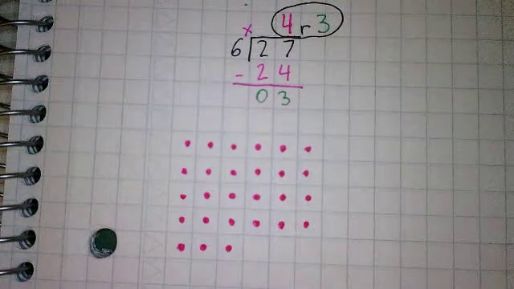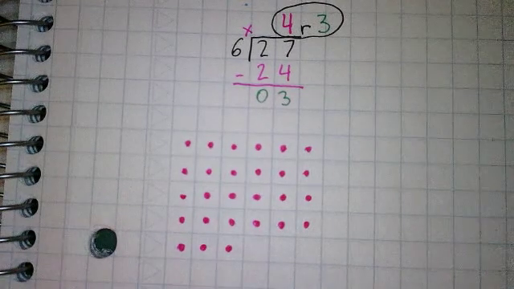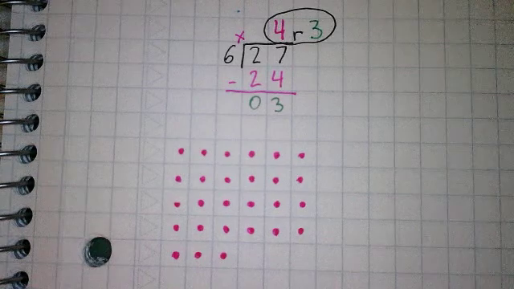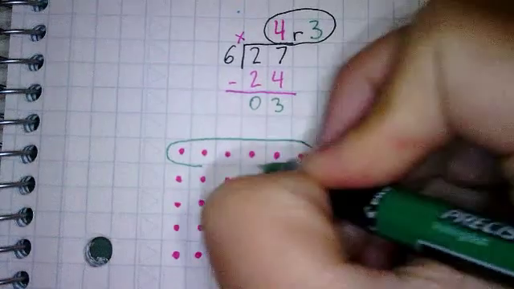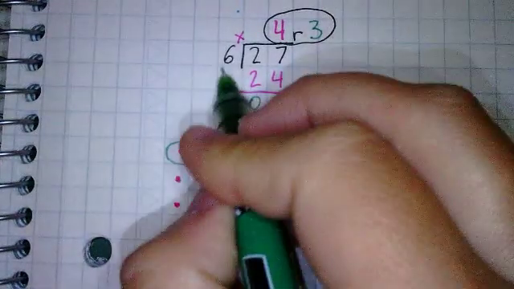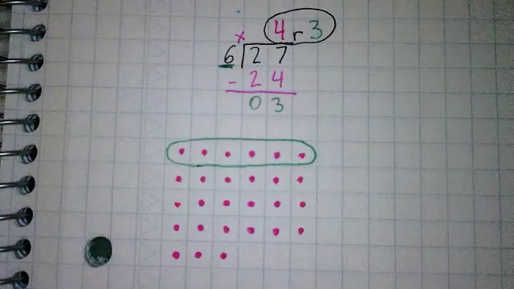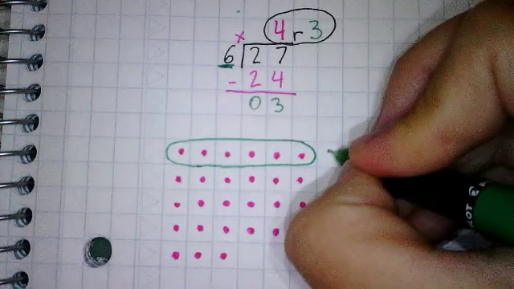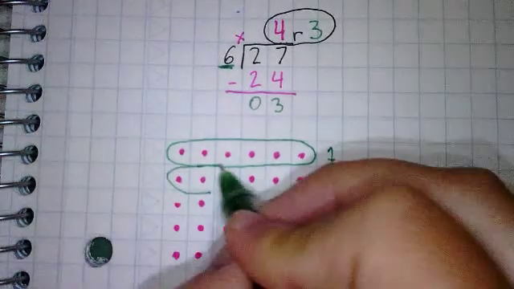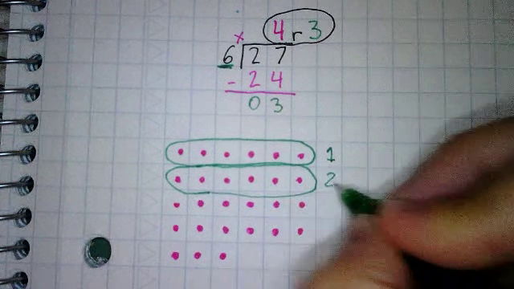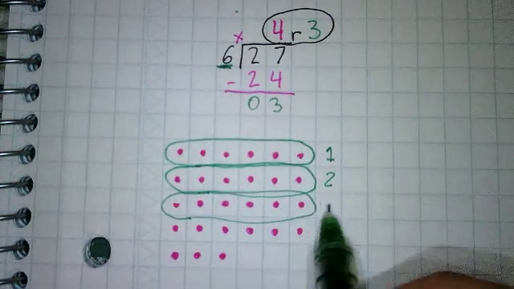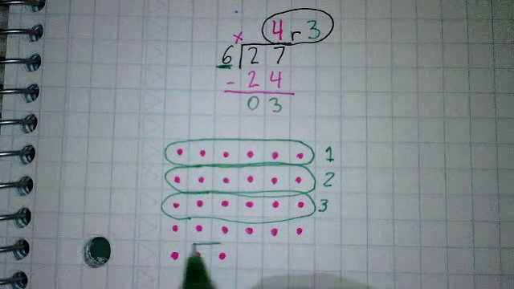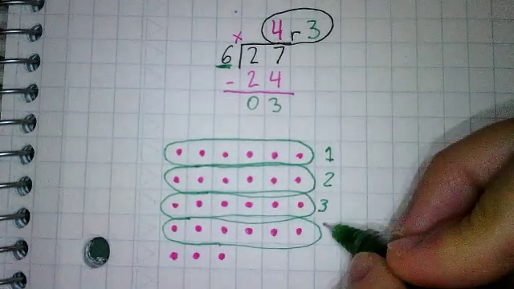Okay? Then I can take a look at my groups here, and I'm grouping them into 6s, right? Because that's the number I have here. Everyone agree? Okay, so I have one group of 6 right here. I have 2 groups of 6 right there. 3 groups of 6 right there. 4 groups of 6 right there.